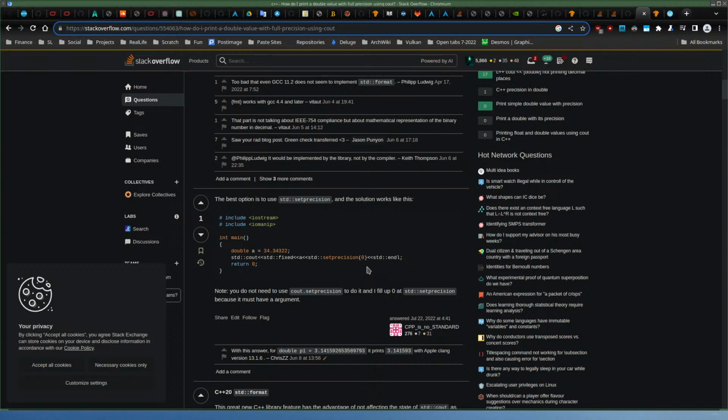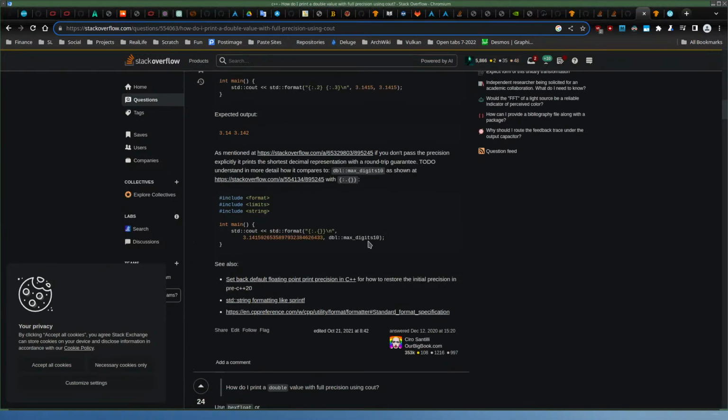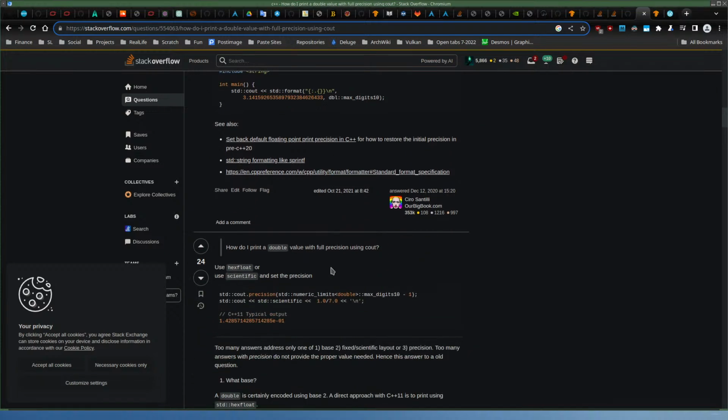Set precision 0. Interesting. More formats. This is a better one probably. So just not fixed then.